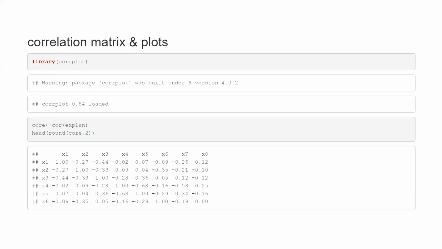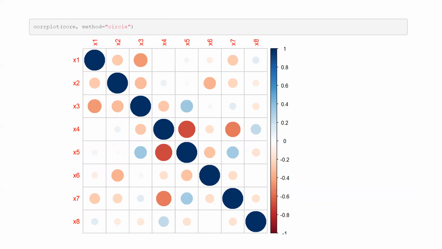And we can see here, there might be some problems between X4 and X5, and maybe some weaker multicollinearity problem between X4 and X7. But it may not be very serious.